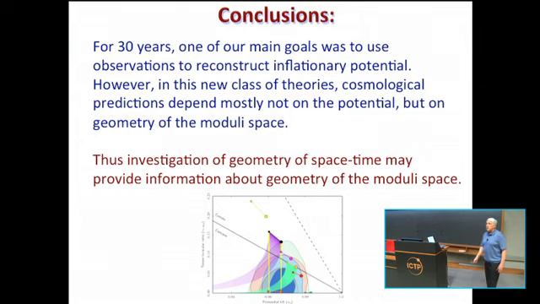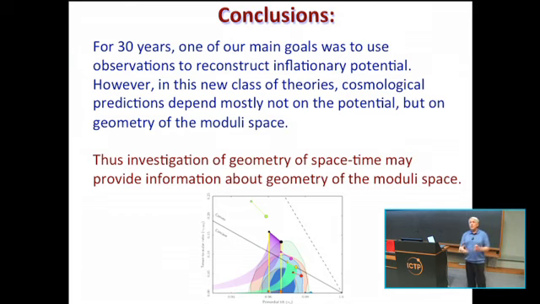It actually leads to some change of our paradigm for looking for inflationary theory. For 30 years, the main goal of observations as applied to inflationary theory was to find a potential which fits experimental data. Now we see that if we change the potential, but the theory has these non-minimal kinetic terms, it does not change much.